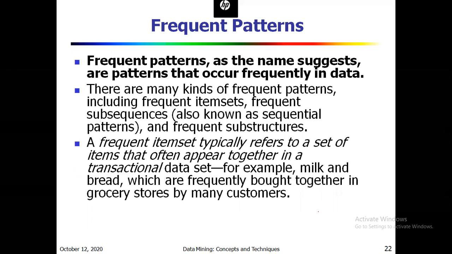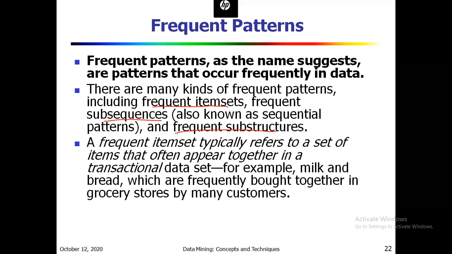Now we have a look at frequent patterns. Frequent patterns, as the name suggests, are the patterns that occur frequently in data. These may be frequent item sets, frequent subsequences, or frequent substructures.